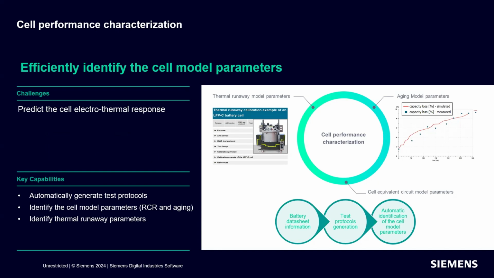So the engineer or scientist can automatically generate test protocols and identify the cell model parameters for RC, equivalent circuit, and aging applications. You can also identify thermal runaway physics-based parameters like trigger temperature and the energy released from battery cells. So this would be within SimCenter AMESim.